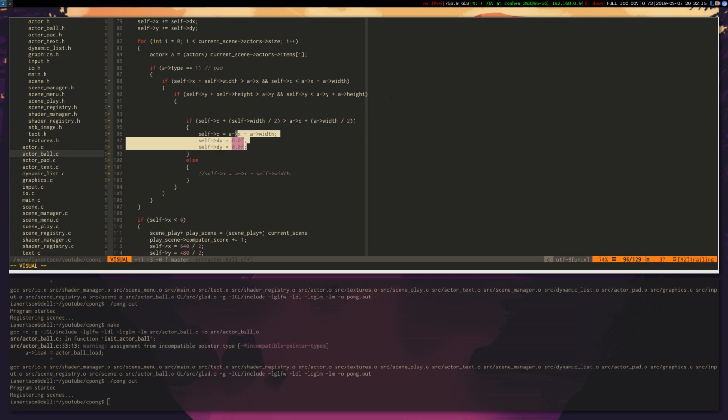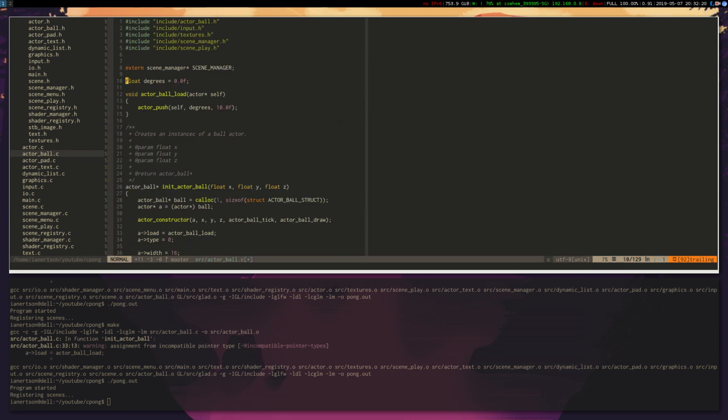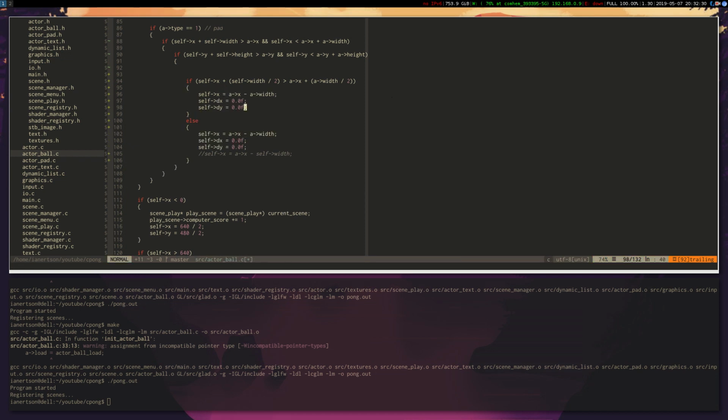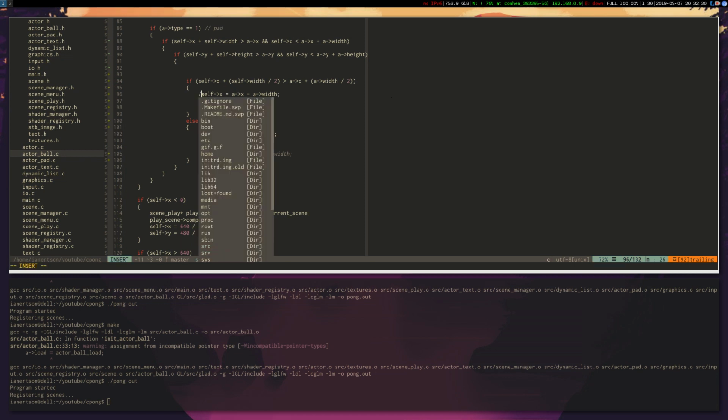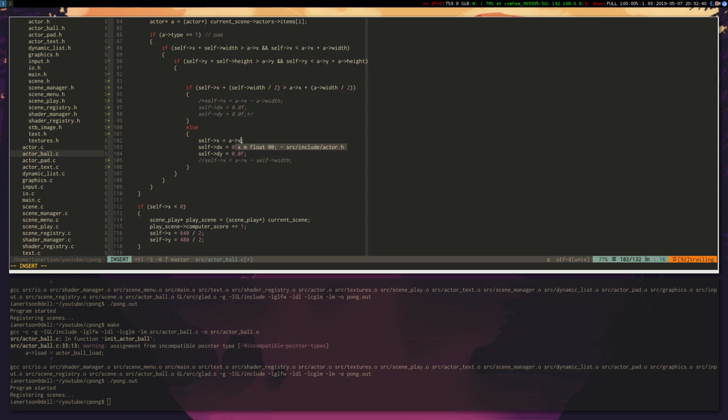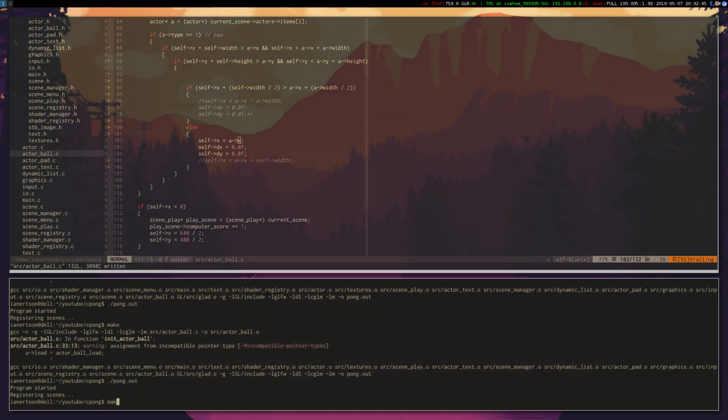Now we're doing one direction at a time so that we can make sure everything works fine. So now we're going to disable that one. Self x is equal to, what about that?